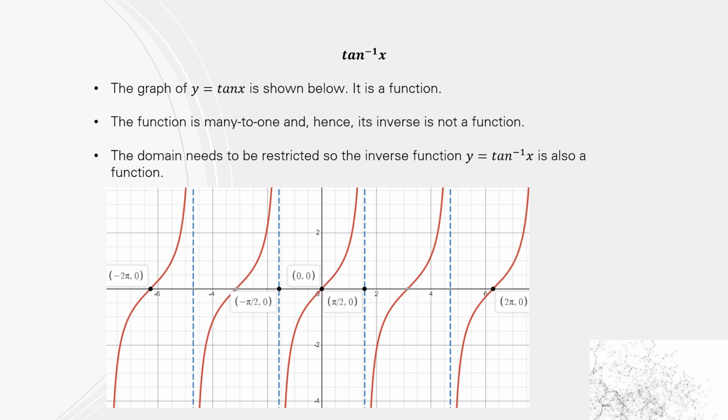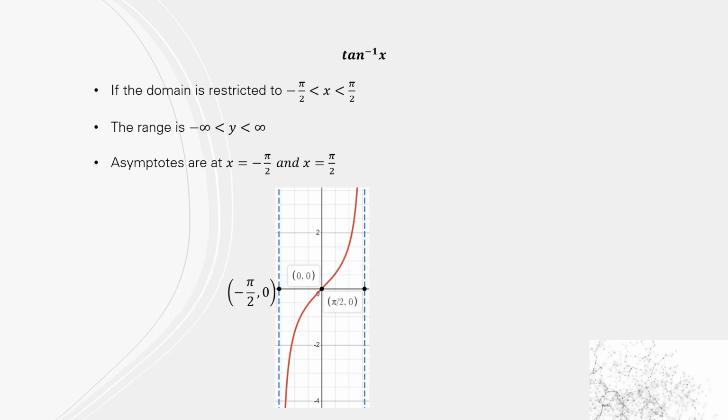If we just take the middle section that crosses through the origin and restrict it to the asymptotes either side, it allows us to have an inverse. So we restrict the domain from minus pi on 2 to pi on 2. The range is from minus infinity to infinity, and our asymptotes are at x equals minus pi on 2 and x equals pi on 2.